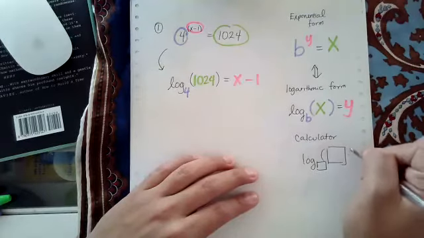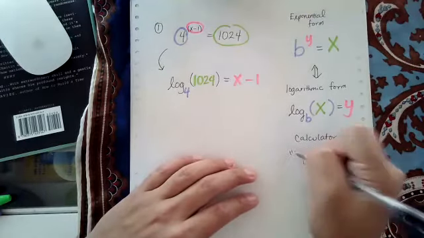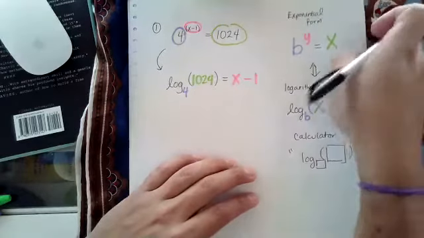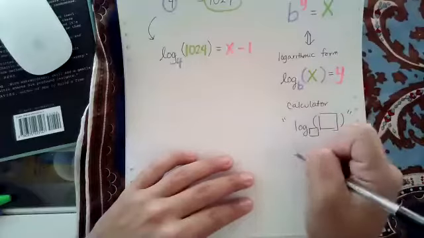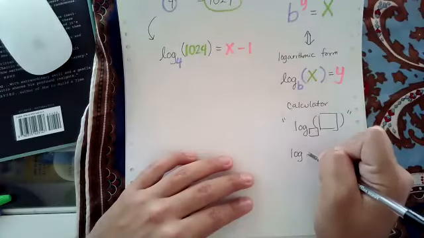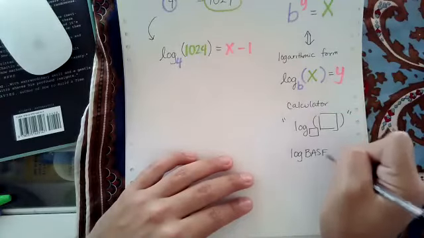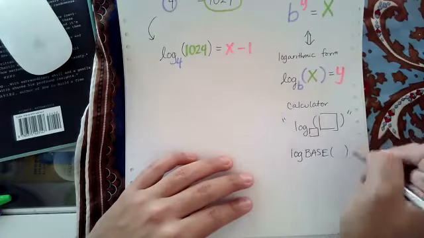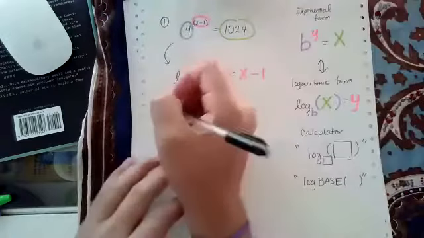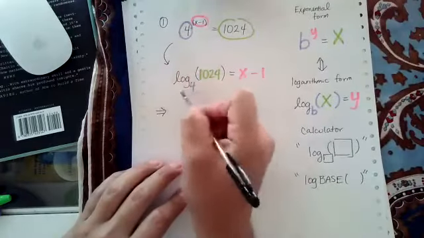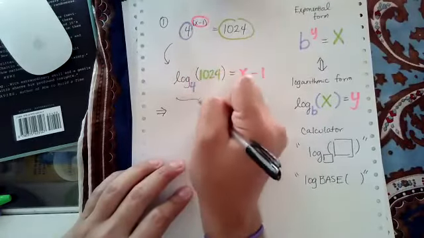It might be in parentheses like that. If you have a TI or an app that's similar to my TI-84, you might have to look for the log base function. But in any case, we can evaluate this part of the equation.